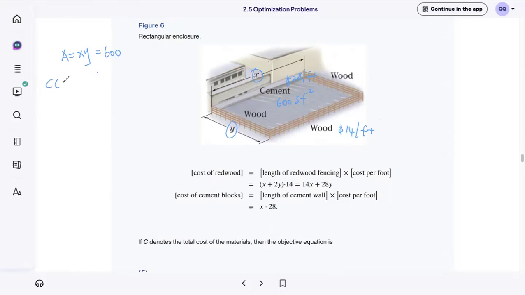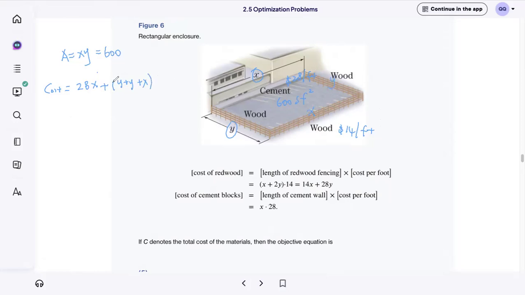So the cost equals, well, we only have one X. So this side is only X long, but each foot is 28, so 28X. And the other three sides are the same. The other three sides are Y plus X, right? Because this is X, this is Y.